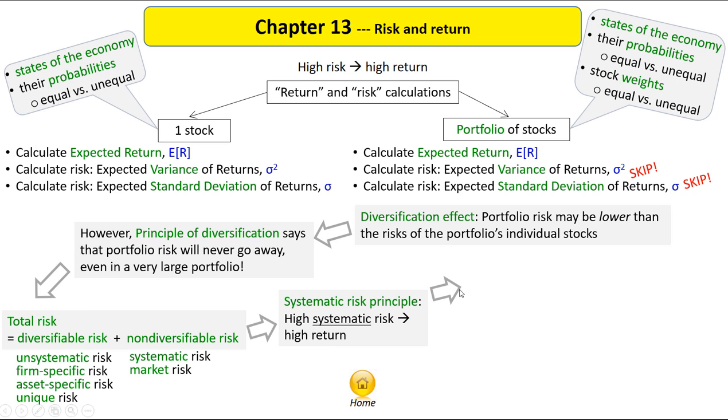And that takes us to the beta. Beta is a number that tells us how much systematic risk that particular stock has. And our benchmark is the market portfolio, or you can also rephrase and say an average stock in the economy. The beta for that is 1.